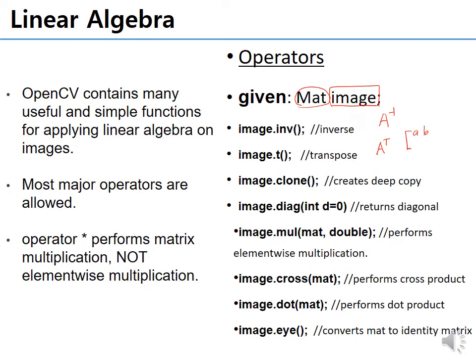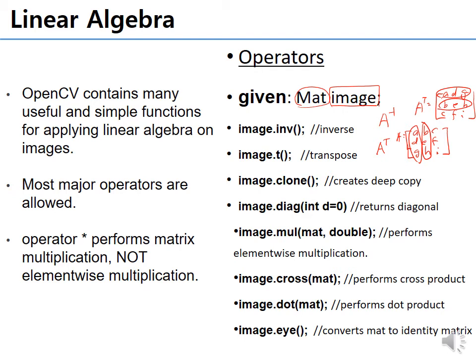If this is matrix A, B, C, D, E, F, G, H, I, the transpose has this column become a row: A, D, G. This column becomes a row: B, E, H, then C, F, I. So this is a transpose.